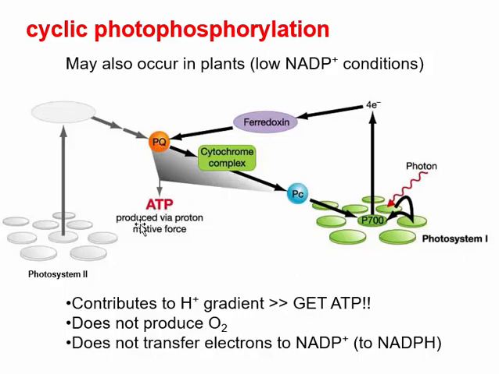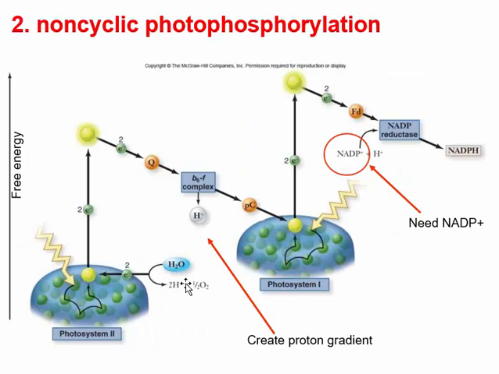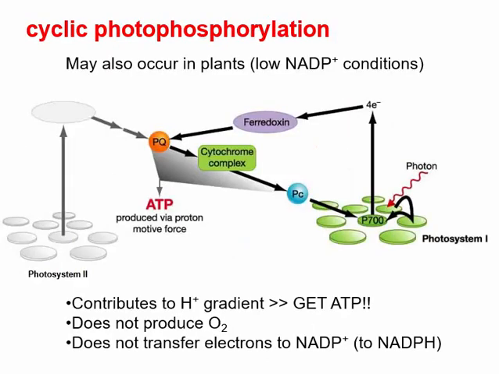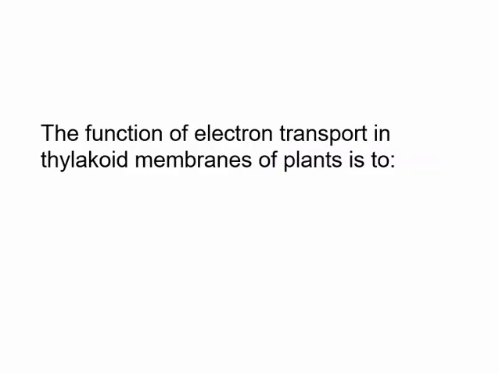That means they can keep making ATP. And you've cut photosystem 2 out of this process. And that means you're not going to produce any oxygen. Because if we go back, this is where oxygen is produced by the donation of the electrons from H2O, but that's not happening here. So plants have a way to get around these low NADP conditions.